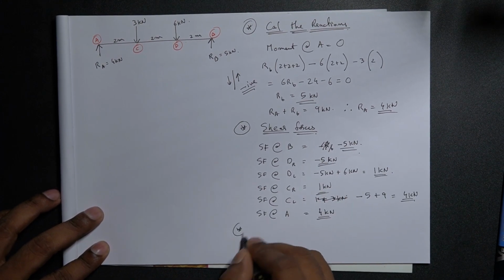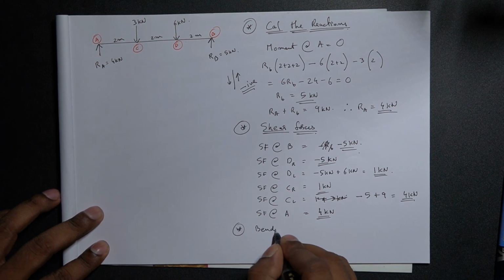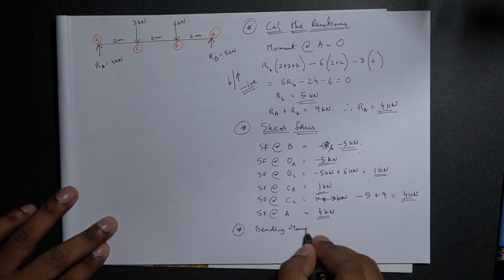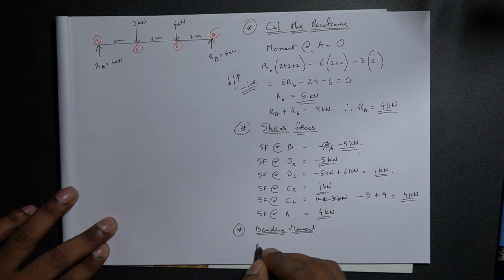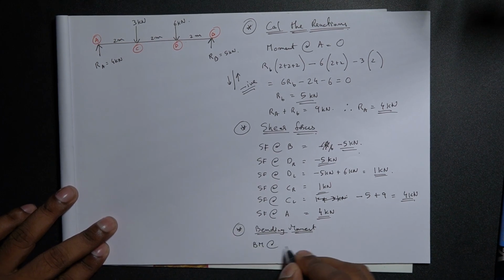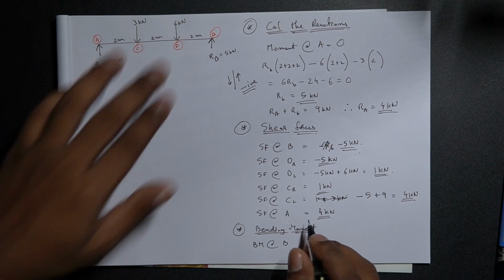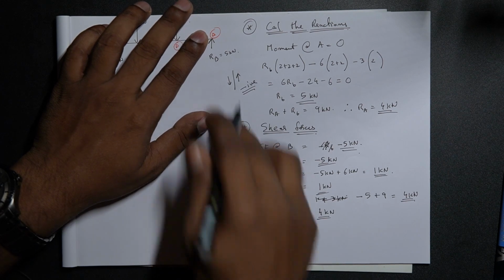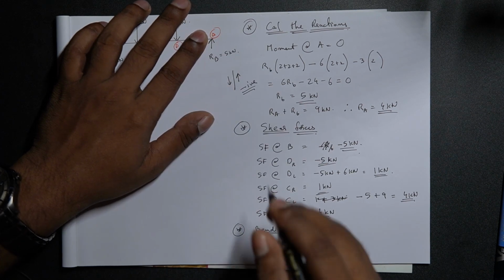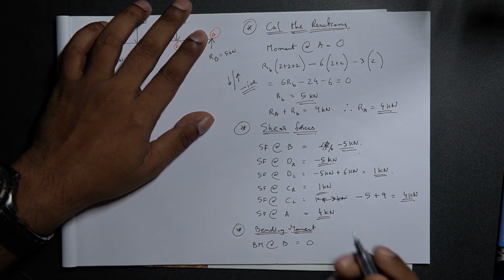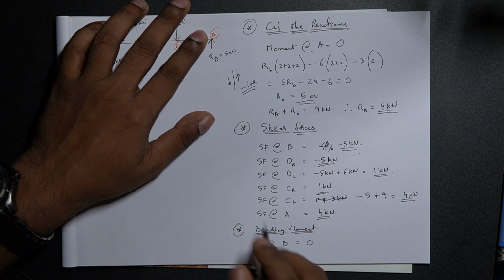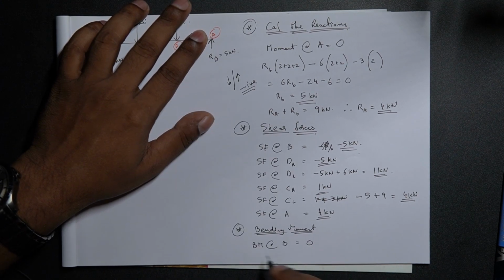Now lastly, let's just calculate the bending moments. Bending moment at point B. At point B, there is no lever arm. Whatever load that is happening on top should be equal to 0. So 5 times 0 is 0.